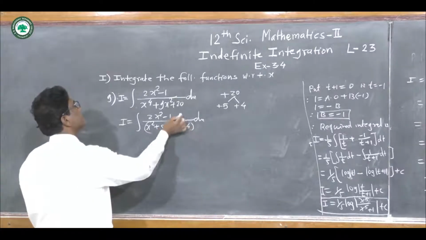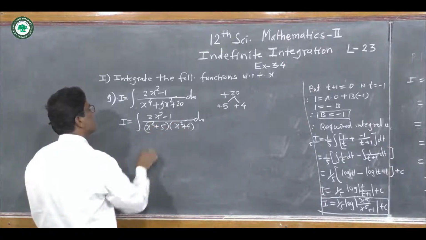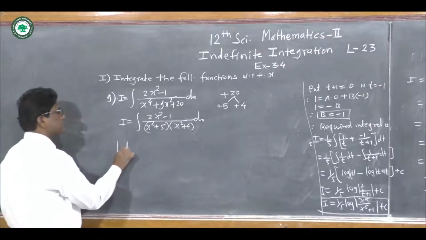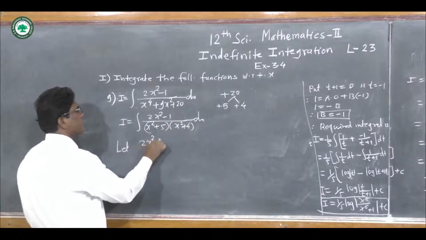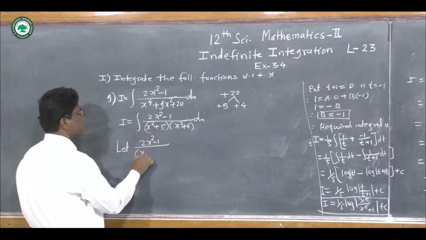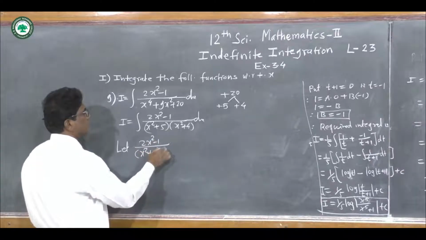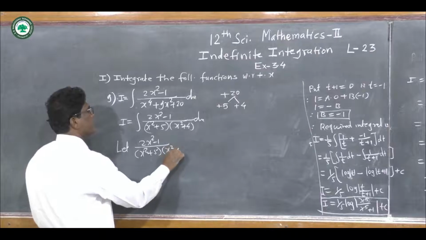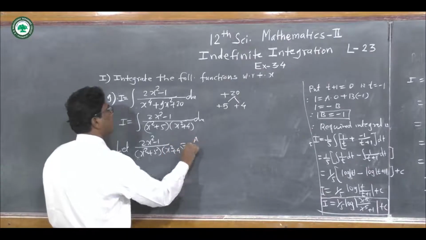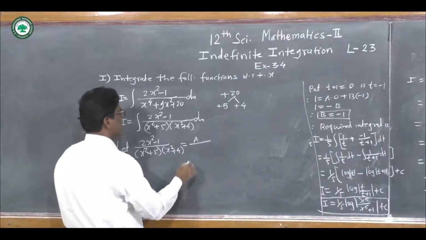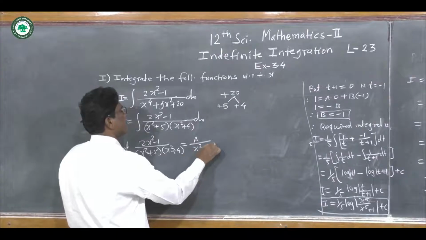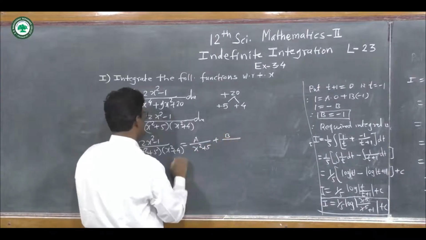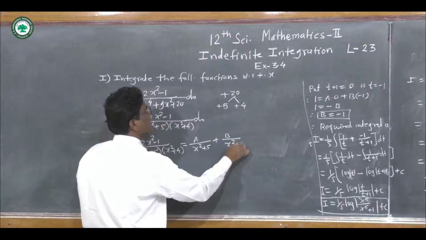And now we consider this rational function. Let twice x square minus 1 upon x square plus 5 into x square plus 4 be equal to a upon the first factor, that is x square plus 5, plus b upon the second factor, x square plus 4.